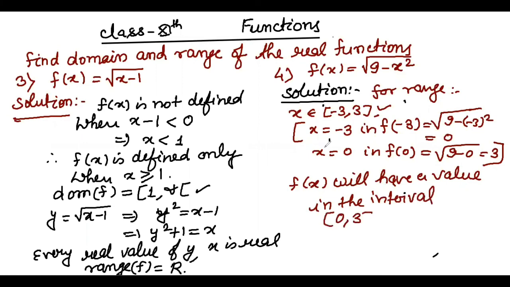Whenever we apply x equals minus 3, then minus 2, minus 1, then 0, then 1, 2, then 3, till 3 we can apply. Then like this, when we apply the values of x in f(x), we get values in between 0 to 3. So that is our range value. So the range of f will be 0 to 3.